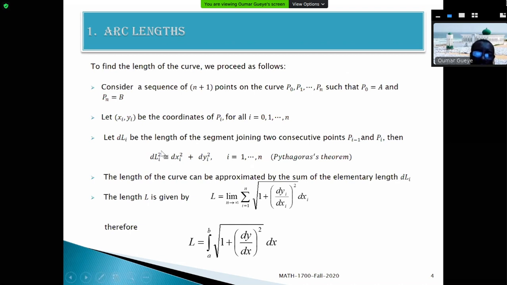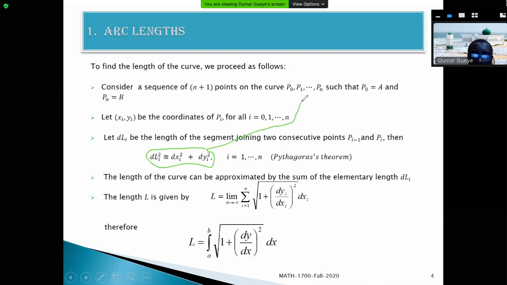From the equation that I got, I just took dxi out. So you guys see this is your dLi.